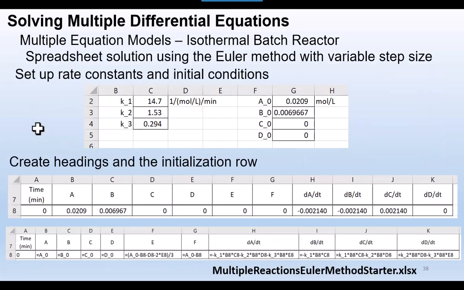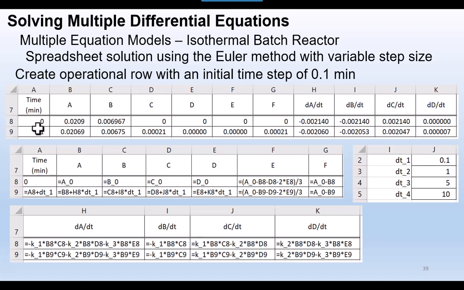So this shows what we did and provides the making of the initialization row, and then the operational row, and how we use that with the Euler method.